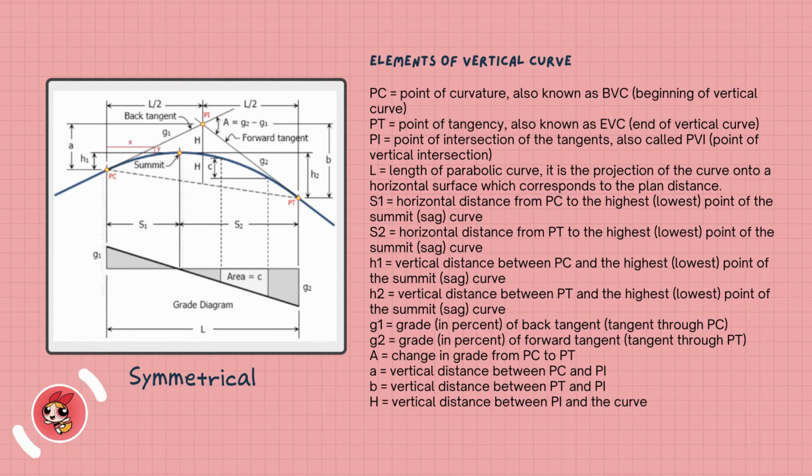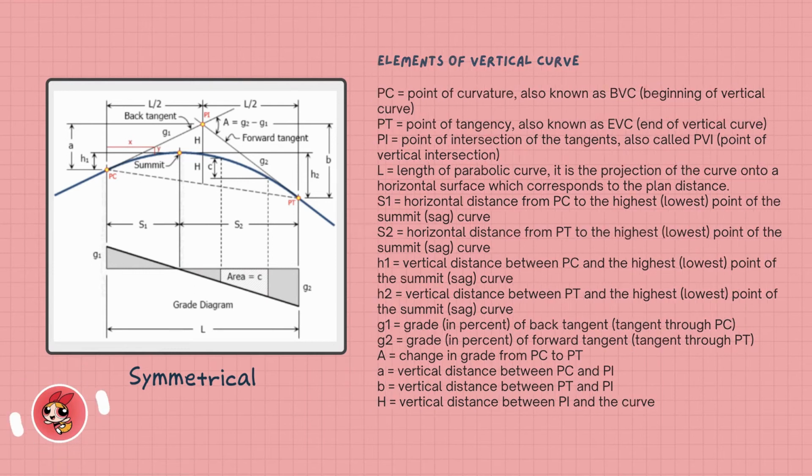G2, grade of the forward tangent, the tangent through PT. Capital A is the change in grade from PC to PT. Small a, vertical distance between PC and PI. B, vertical distance between PT and PI. And last is H, the vertical distance between PI and the curve.